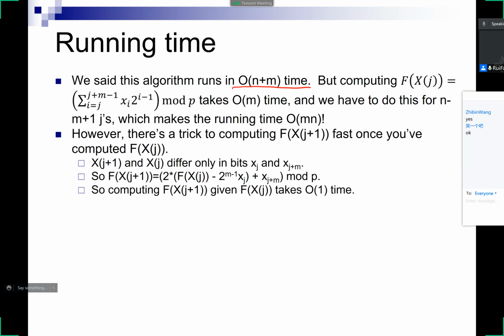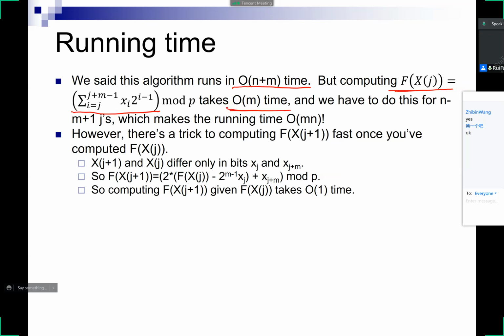Okay, and now the problem is that this algorithm works by computing fingerprints at all of these different xj values. And if you do this in a naive, straightforward way, then you need to convert x of j to an m-bit number, this number over here, right? And then you need to take it modulo p.